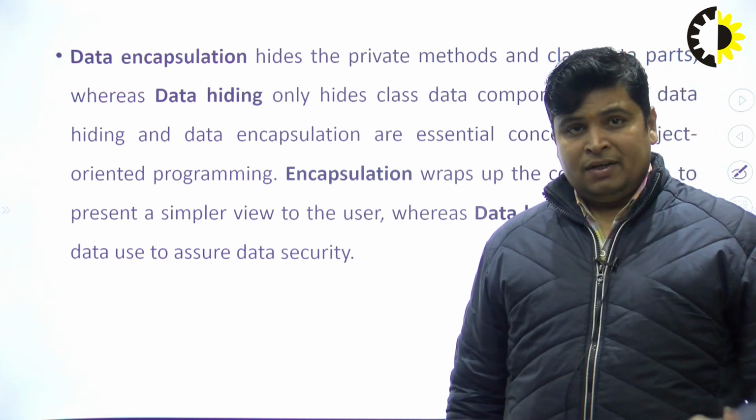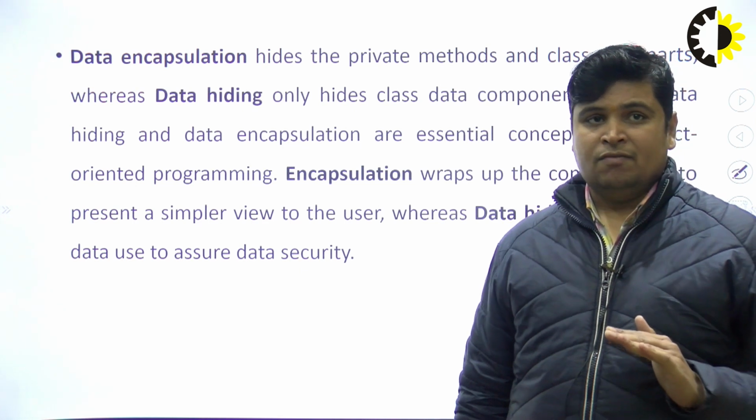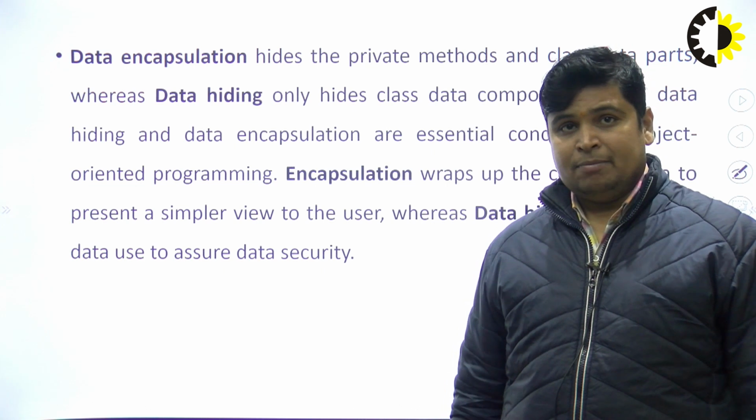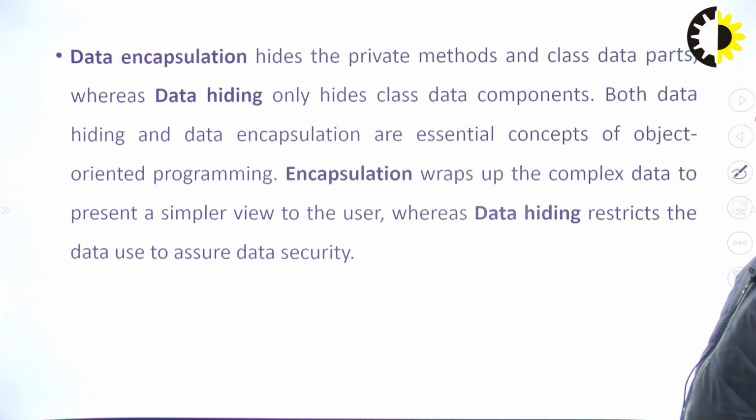Now, if we compare data encapsulation and data hiding, what is the difference? Basically, data encapsulation hides the private data, methods and class data parts, whereas data hiding only hides class data components. Both data hiding and data encapsulation are essential concepts of object-oriented programming.